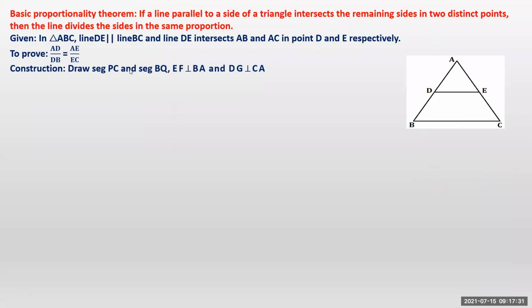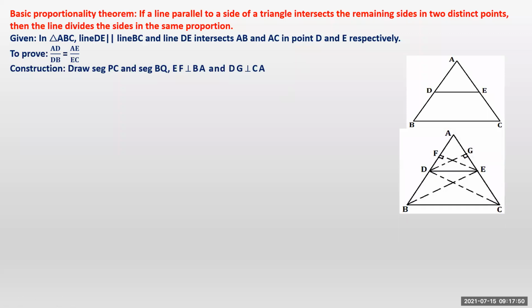Now we have to do some construction in order to get the proof done. We have to draw segment PC and segment BQ. EF perpendicular to BA and DG perpendicular to CA. Actually, it is not PC.